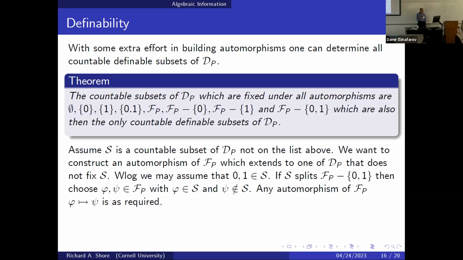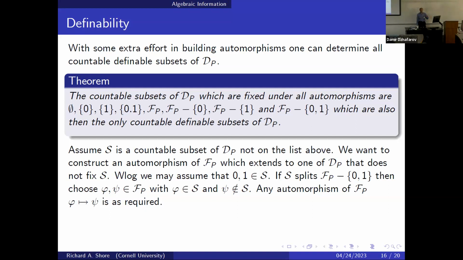And there's probably an algebraic proof, but my proof looks more like one by a recursion theorist. So first you do a little algebraic preparation. You have a countable subset that's not one of these 8. And you want to construct an automorphism which moves it to something that doesn't fix the set. So you want to move something to something not in the set.